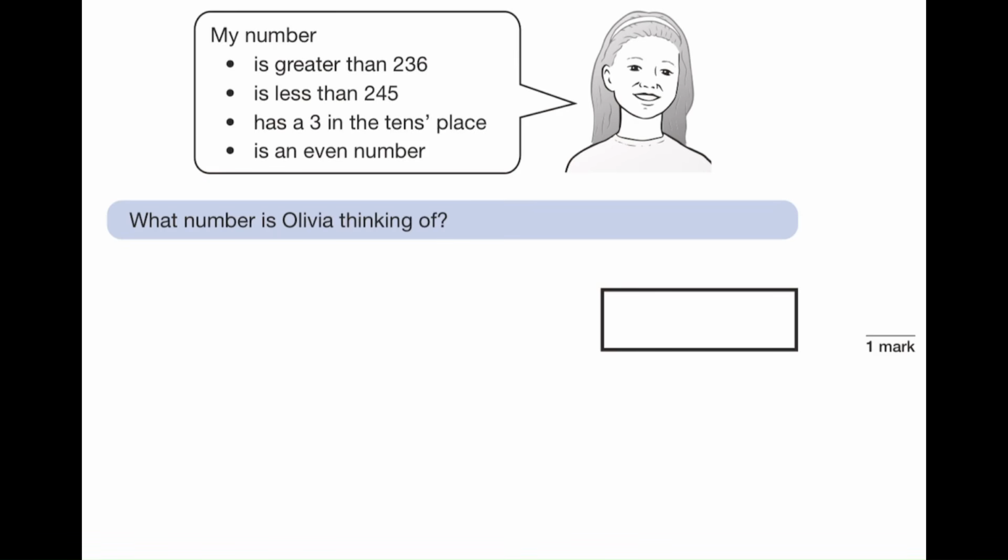So Olivia is thinking of a number. Her number is greater than 236 and is less than 245.